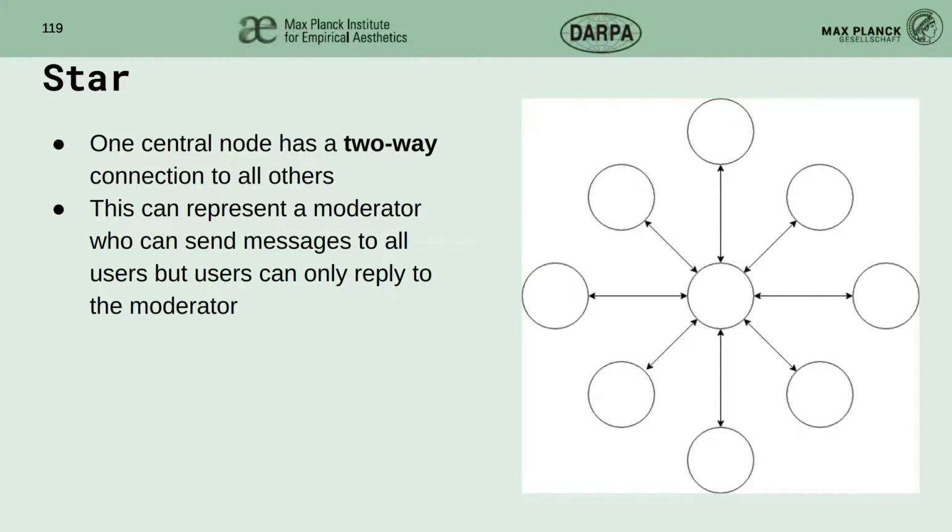This is what you might want where it really is much more like the case of management, where not only are you going to delegate tasks, but you might want the results of those tasks to get passed back up to that central manager, who then might repeat the process in some way, for example, checking consistency across the nodes they had delegated things to. You could also use this to represent a moderator who can send messages to everybody, but where the users can only talk centrally to the moderator.